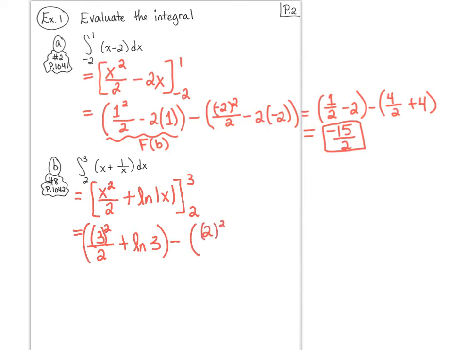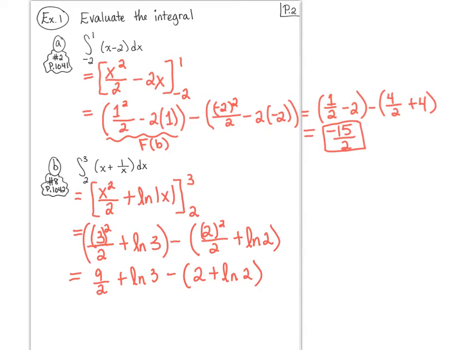So we have 2 squared over 2 plus the natural log of 2. So this gives us 9/2 plus the natural log of 3 minus the quantity 4 over 2, which is 2, plus the natural log of 2.